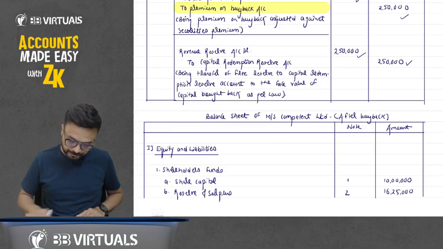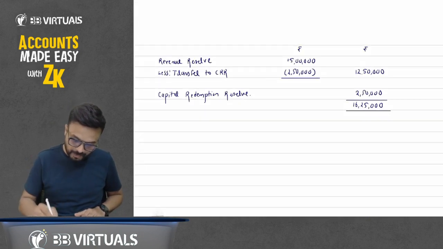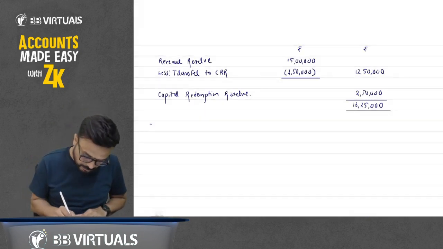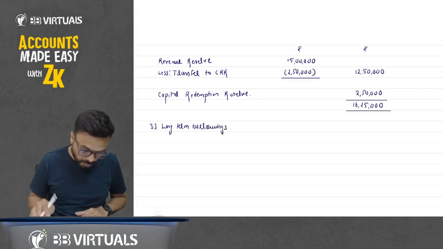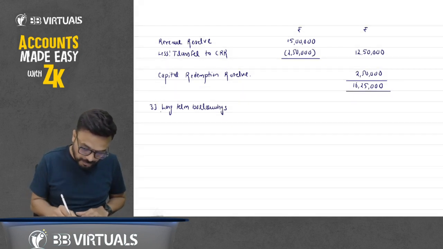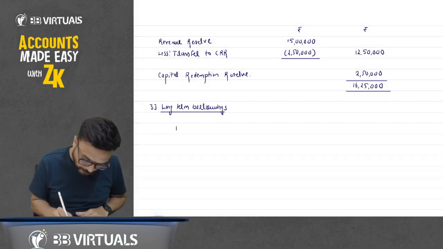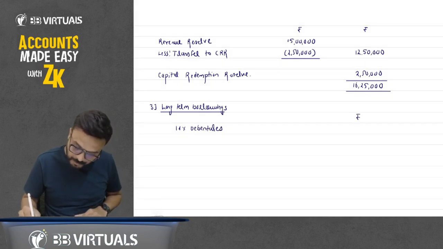This is 14% debenture and unsecured loan. So write down here third, long-term borrowings, 14% debentures, which is 18,75,000.